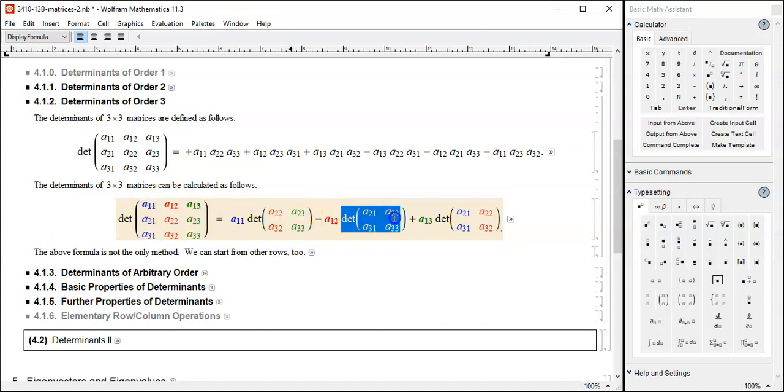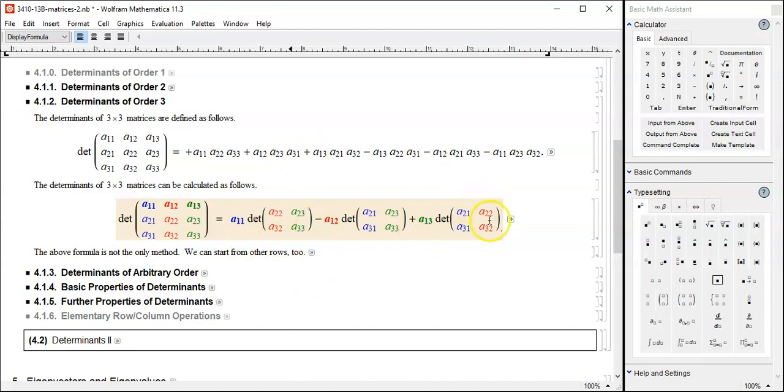So what's left is this matrix, and take that determinant. And we have the third number, A13, and this belongs to the first row and third column. So remove those, and what's left is this matrix, and take the determinant of that 2x2 matrix, and we have this plus, minus, plus alternating sign, and adding them up, we get the determinant.